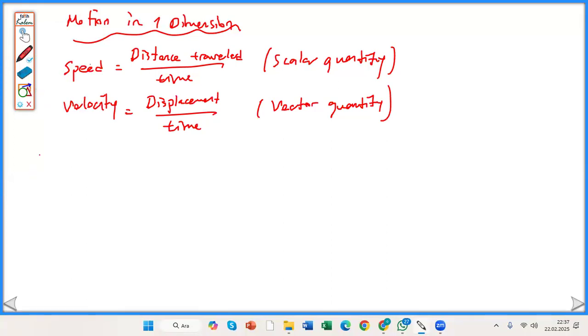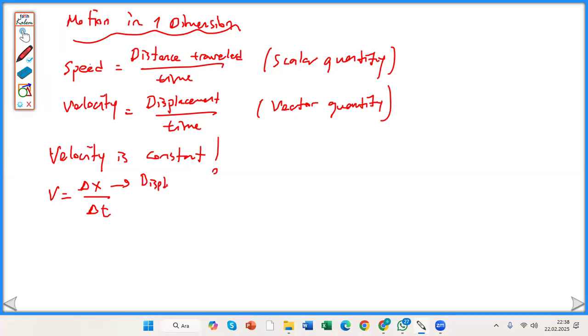First of all, we are going to study motion in one dimension with constant velocity. Assume that velocity is constant. If the velocity is constant, we can formulate it as velocity is delta x over delta t. Delta x is the displacement here, and delta t is the time interval.